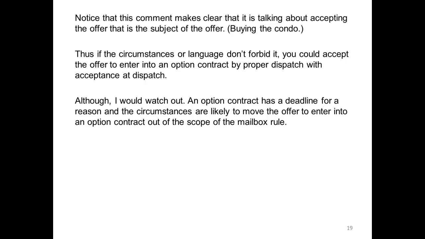But let's switch it up. Imagine on January 1st, John says, hey, would you keep your offer to sell the condo open until the 30th? And Diana says, well, let me think about that. And then a couple of days later, she drops the acceptance of John's offer to pay $500 to keep the offer to sell the condo open in the mail.